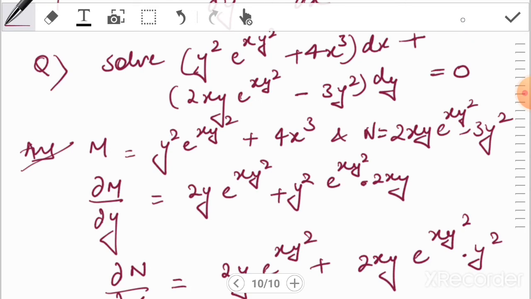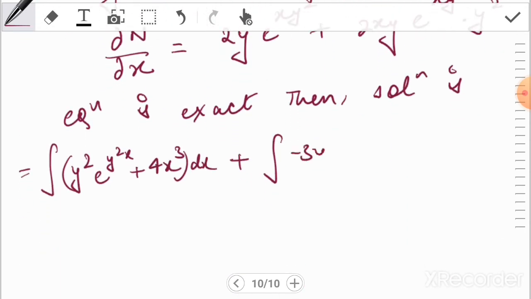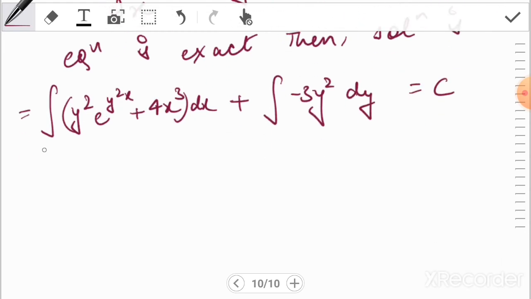Omit this. So minus 3y square dy is equal to c, or so assume y as constant.